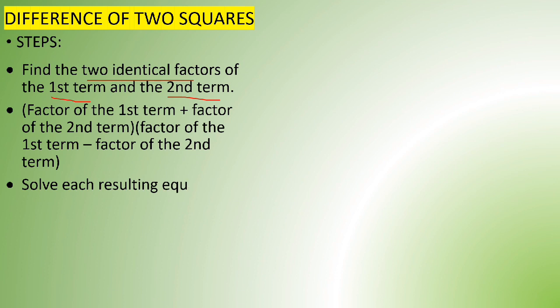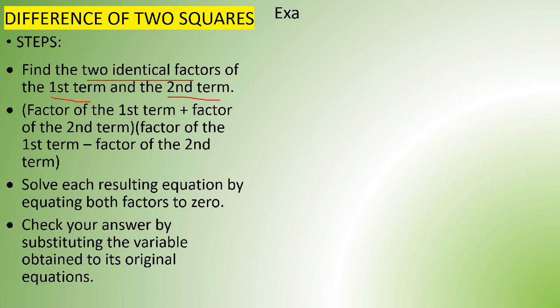Next, solve its resulting equation by equating both factors to 0. And then after that, of course, we can check by substituting the variable obtained to its original equation. So, example natin dito ay 121 minus 4x squared. So, ang 121, ang identical factors nila ay 11 and 11, and 4 and x squared, 2 and 2, and then x and x.